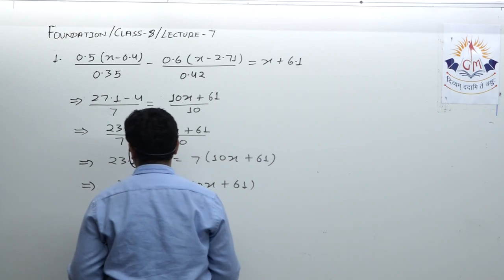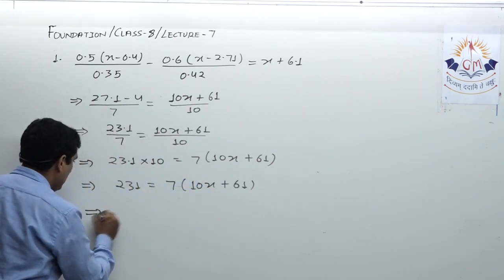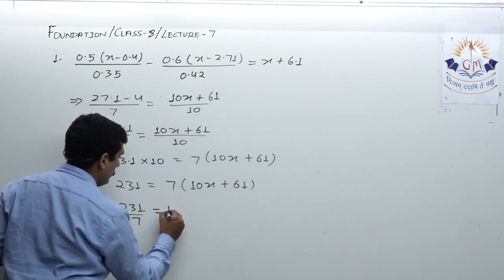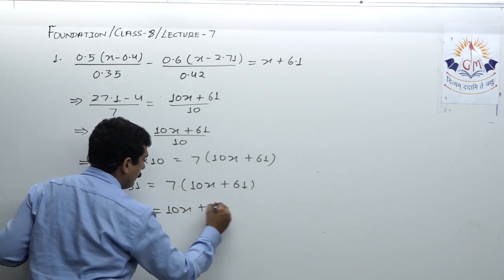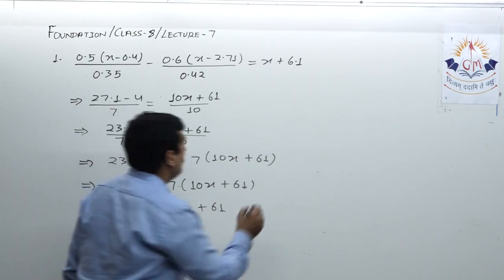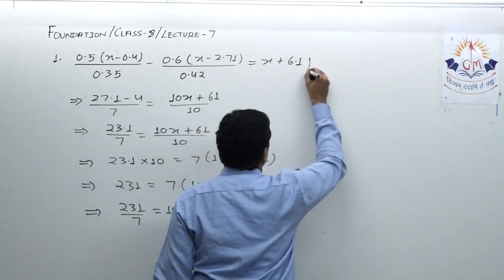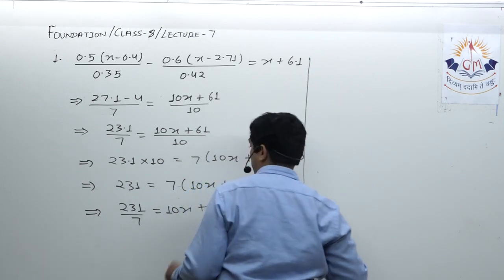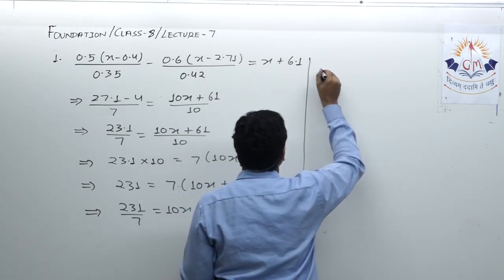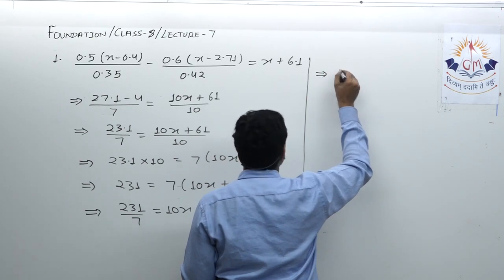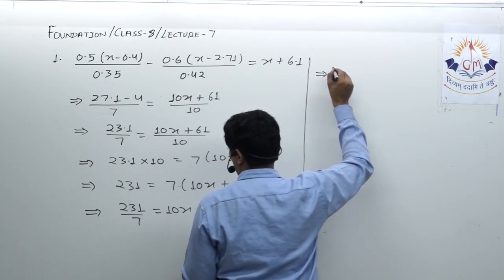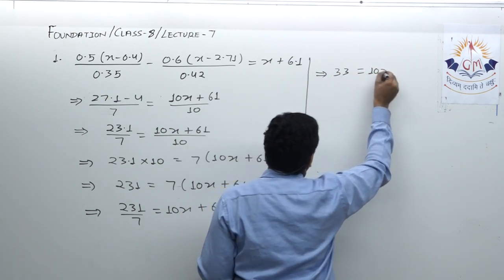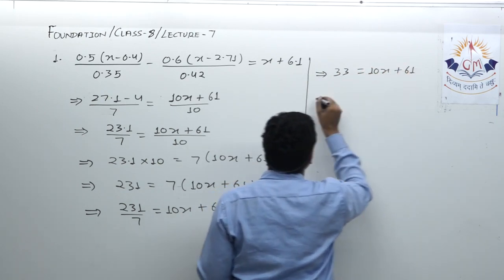So further I can write 231 upon 7 is equal to 10x plus 61. So this gives me 33 is equal to 10x plus 61.